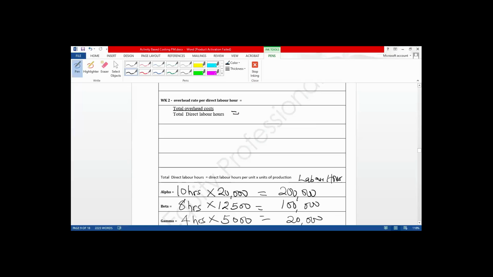This is equal to total overhead, 17 million, divided by total direct labor hours, 320,000. If you work this out, please work it out. It's even advisable. You can also be solving it in your house.